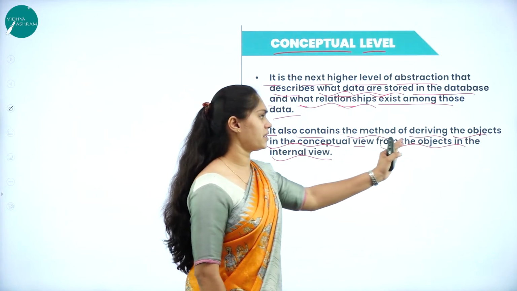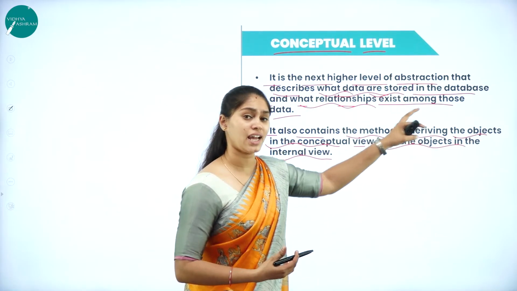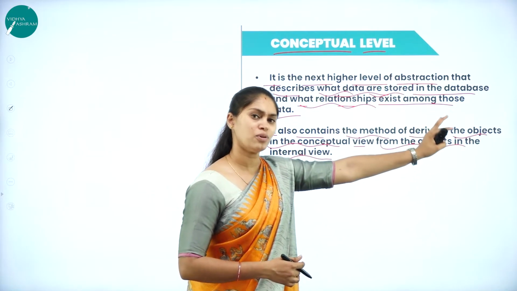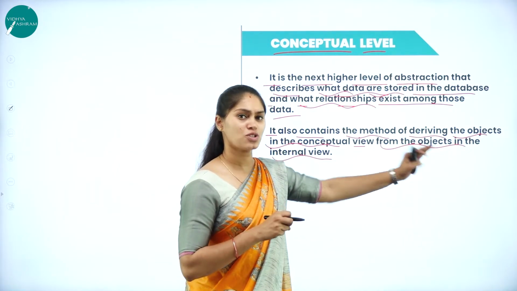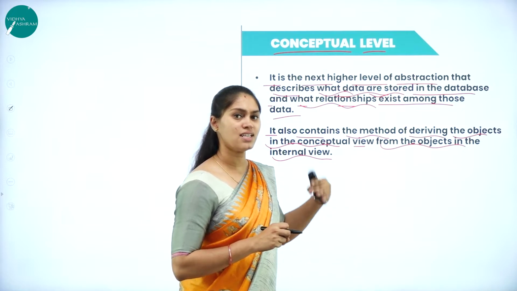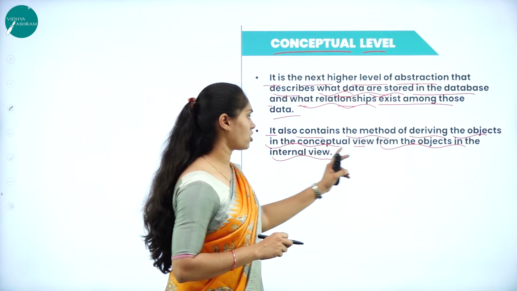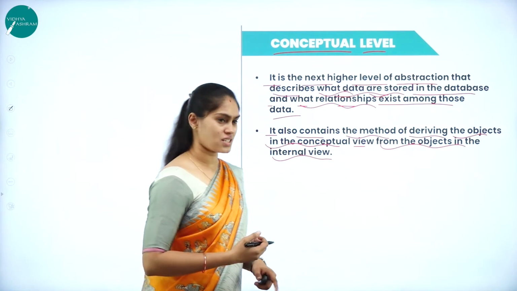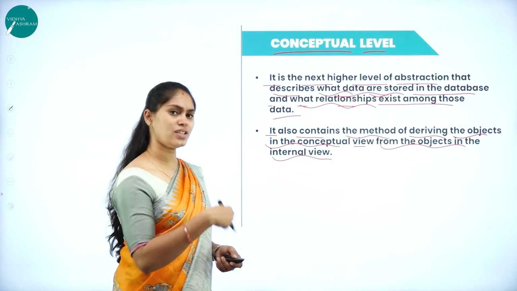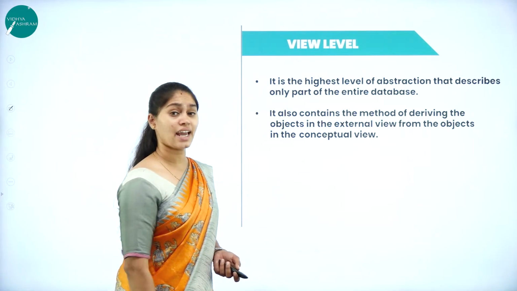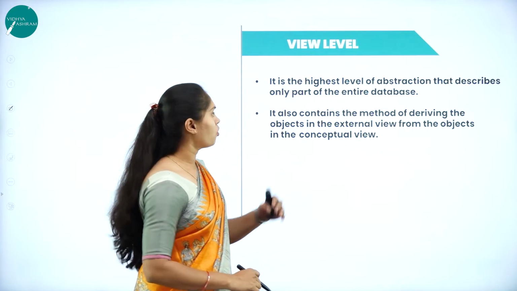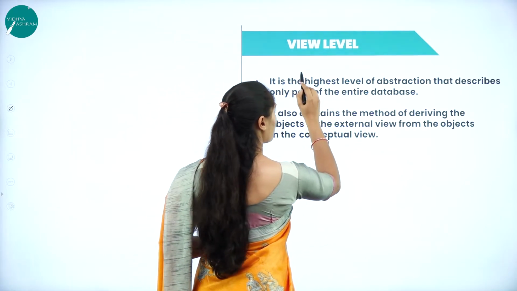So it contains the method of deriving the object. With the help of that method, I can access the objects of the previous level, that is the internal level, in the conceptual view from the objects in the internal view. Then what we have at last is the external view. It is the highest level of abstraction.